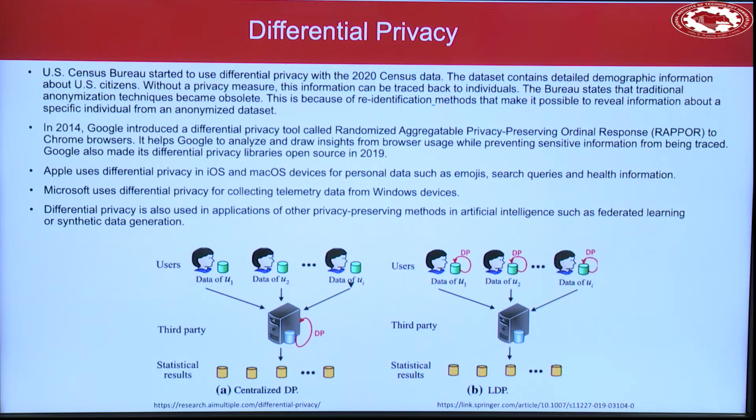For example, Google introduced a differential privacy tool called RAPPOR, randomized aggregatable privacy-preserving ordinal response, in Chrome browsers. It helps Google analyze and draw insights from browser usage while preventing sensitive information from being traced. So they're getting your data, but not the actual data, only with some noise.